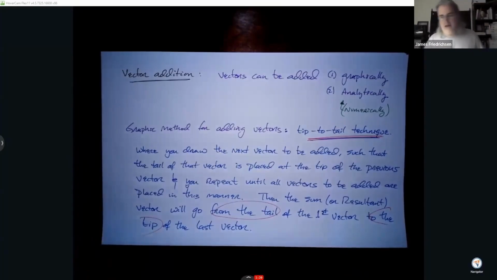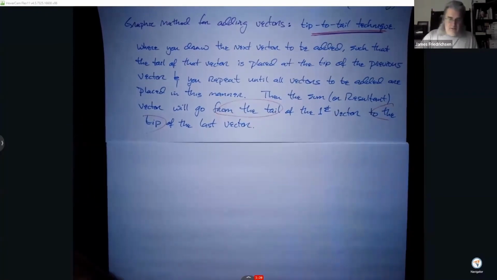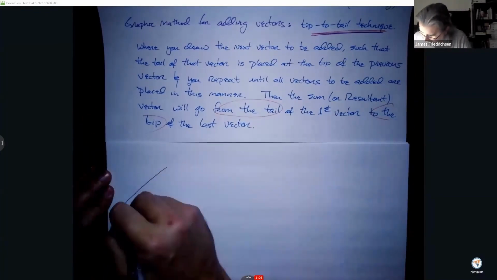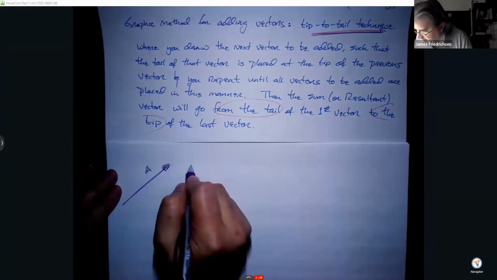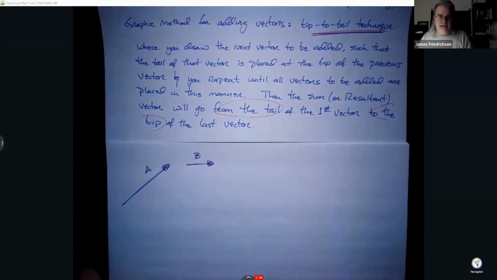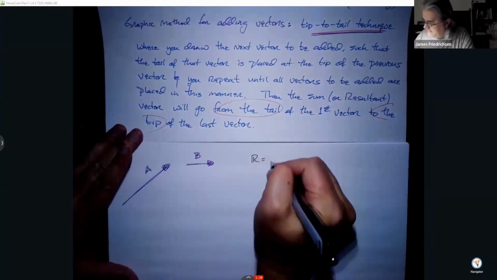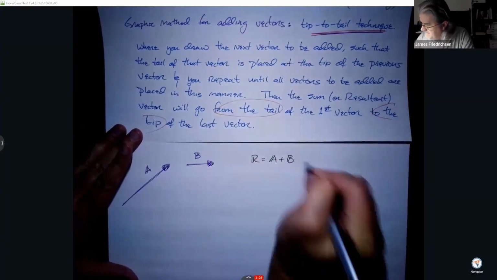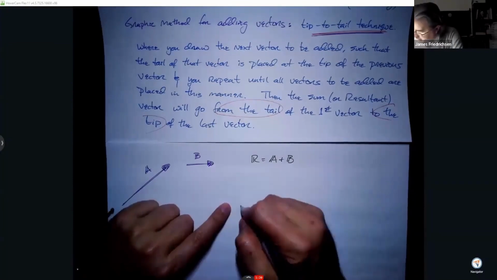All right. So let's talk about how to do this graphic technique. Okay. And so if I draw in two vectors, vector A and vector B, and I want to calculate my resultant R to be A plus B. Then what we do is we draw out A first, okay?